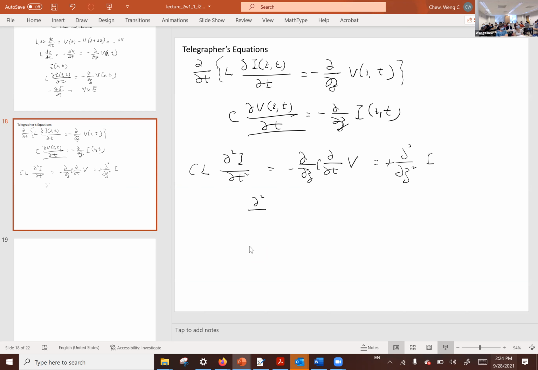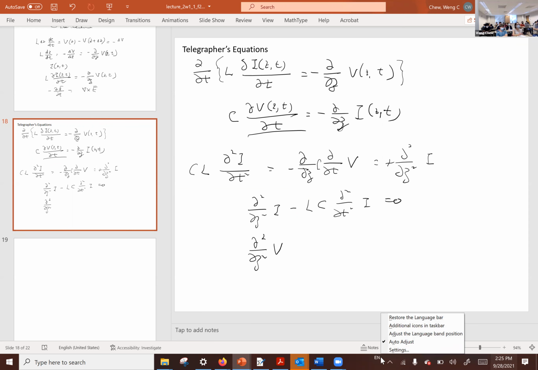If I write it in a more familiar form, maybe you will see it. You can do the same thing, eliminate V from the two equations, and you get these two equations, two wave equations.